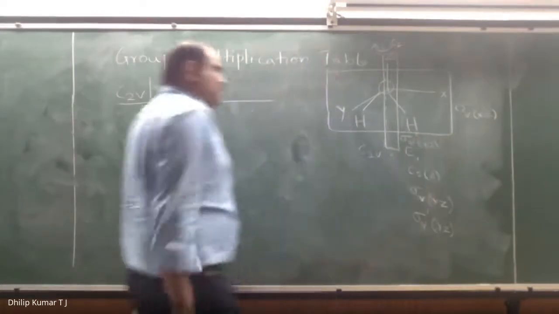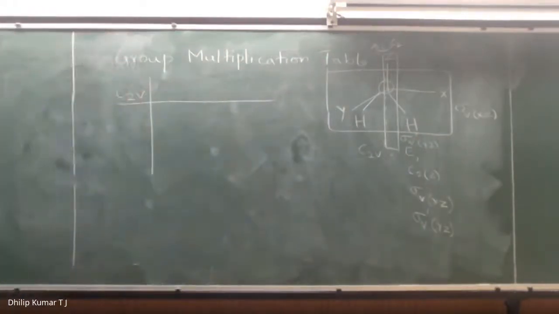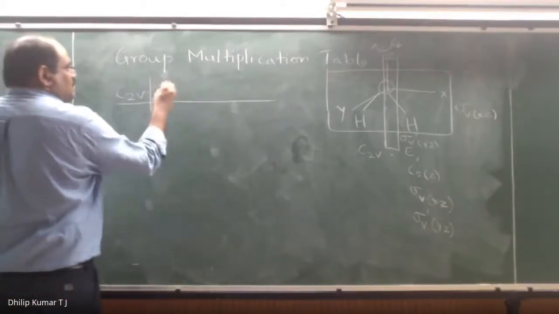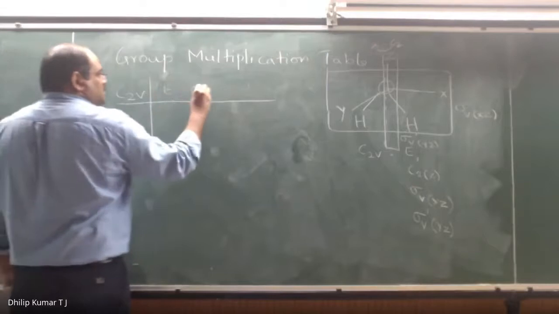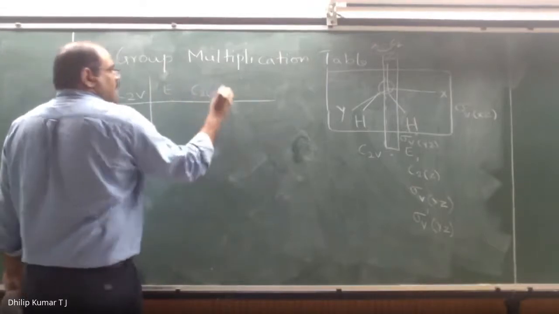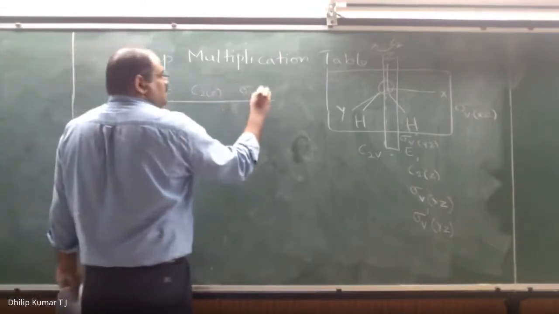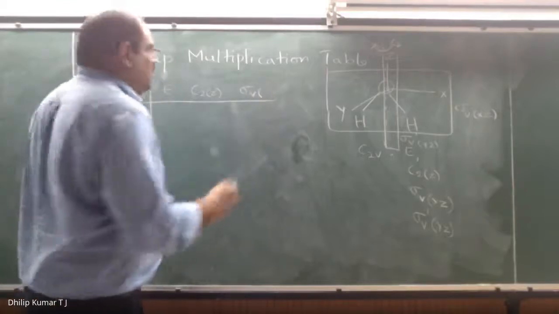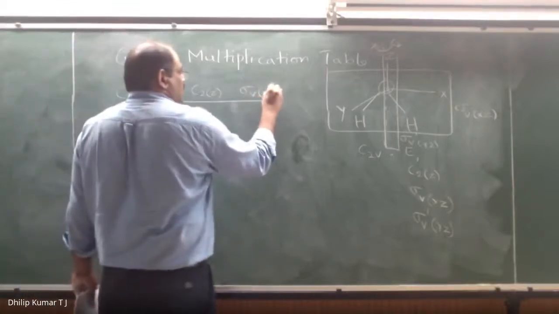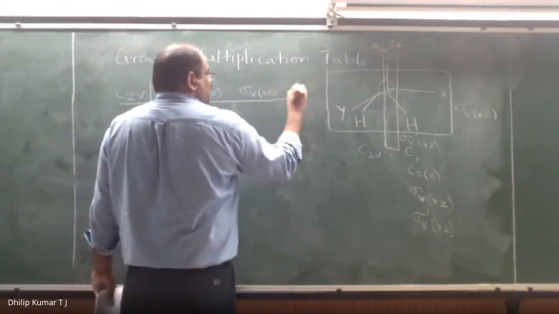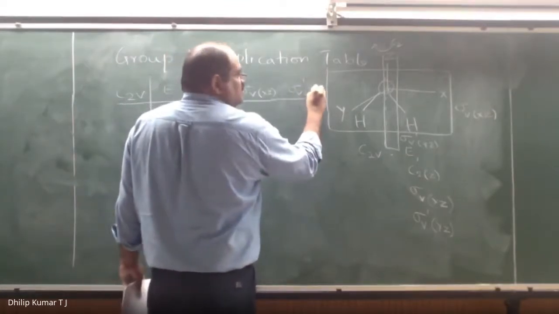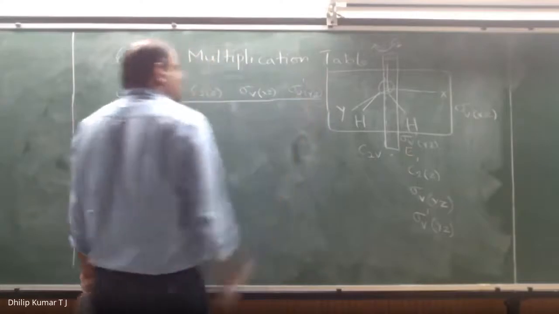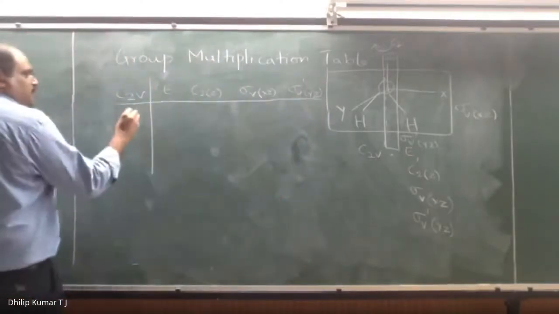Okay, so group multiplication table means you write all the symmetry elements present. So E, C2, Z, sigma V, which is the first one. Sigma V is Z. And then that is sigma V prime Y Z. And again in this column wise also write it.